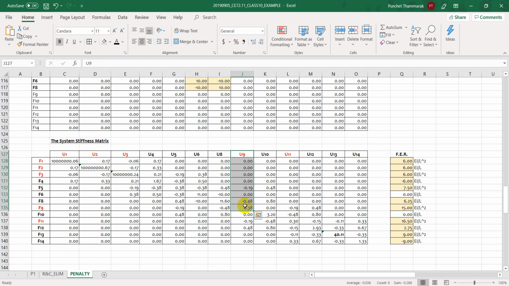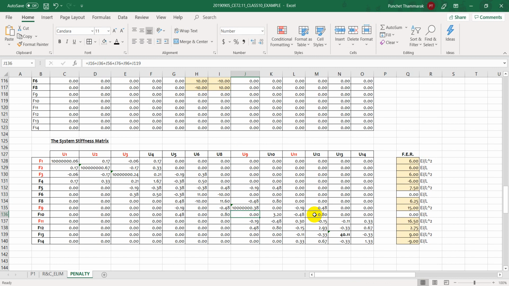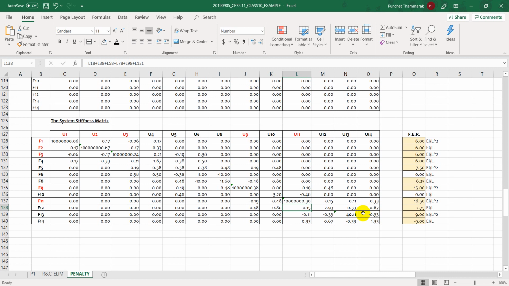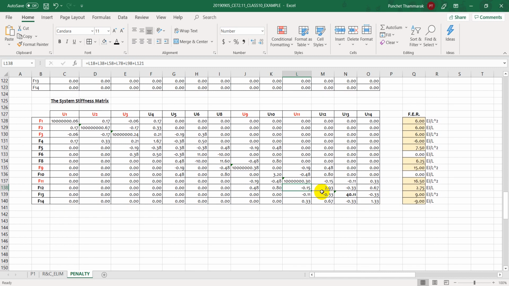It is not that sensitive. U9, and U11, which is here, it's 13, 14. Okay, so we enforce the boundary conditions.